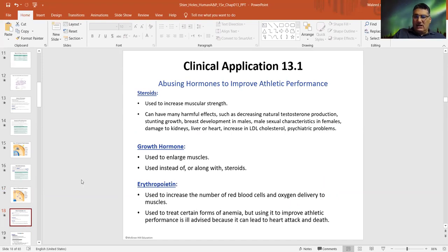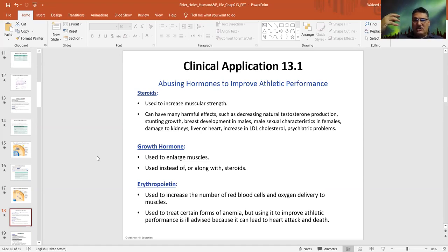There are some clinical applications here, and these applications are the abuse of these hormones. Some athletes increase their performance by taking either a steroid or a growth hormone or both of them together. Most of the time we hear about an athlete who was kicked out of the competition because he was taking steroids.